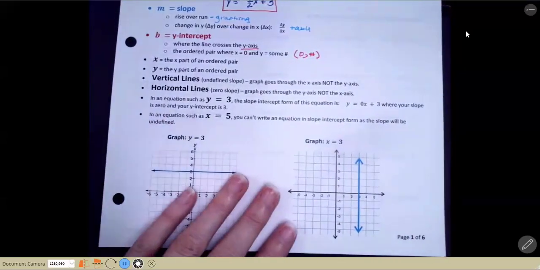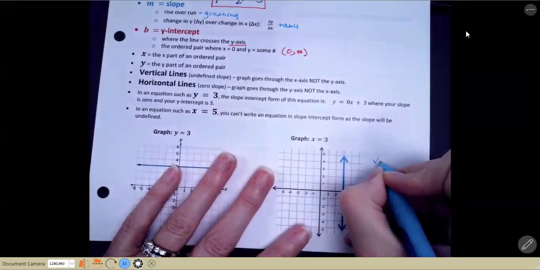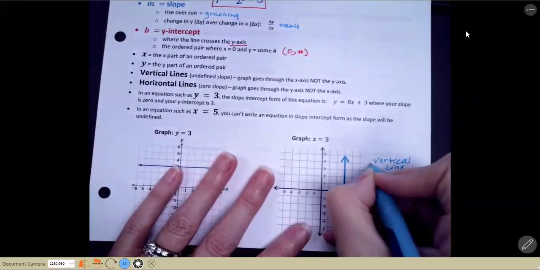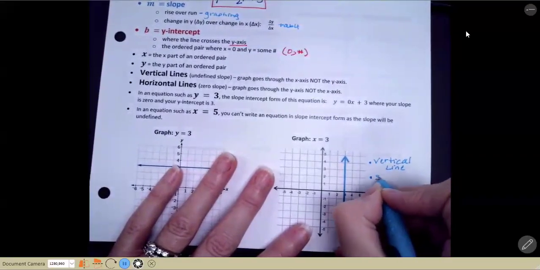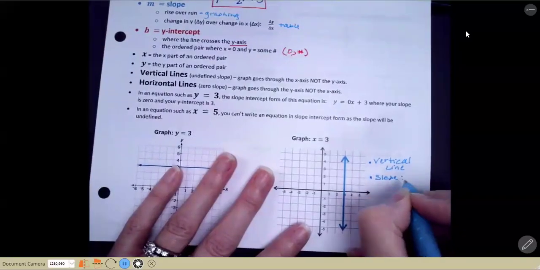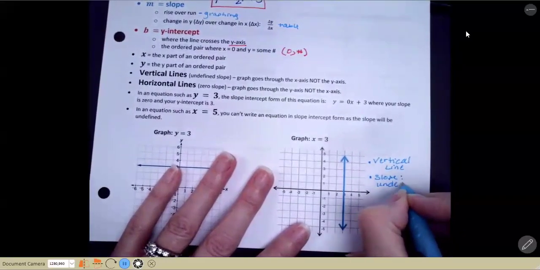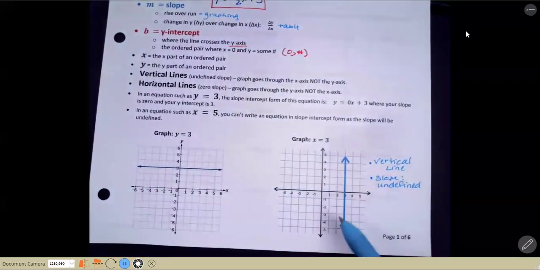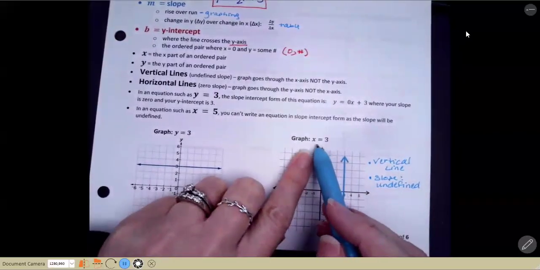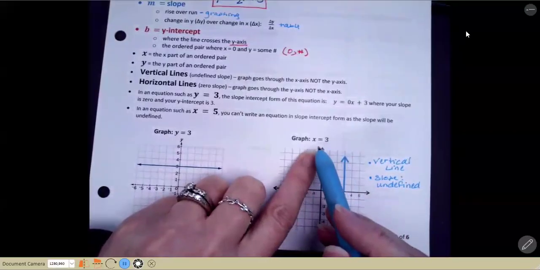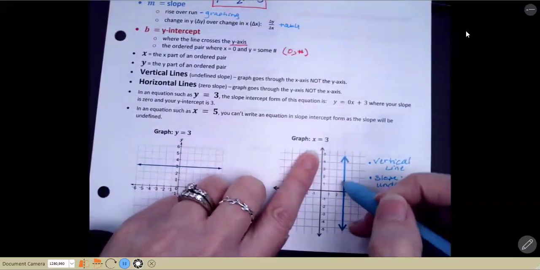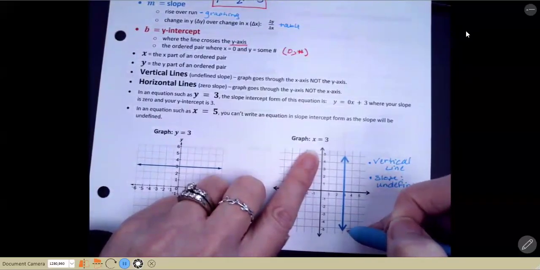The slope is undefined. And when you graph something like this, you will have an equation x equals 3. The reason that it is x equals 3 is because it is going to go through the x-axis.